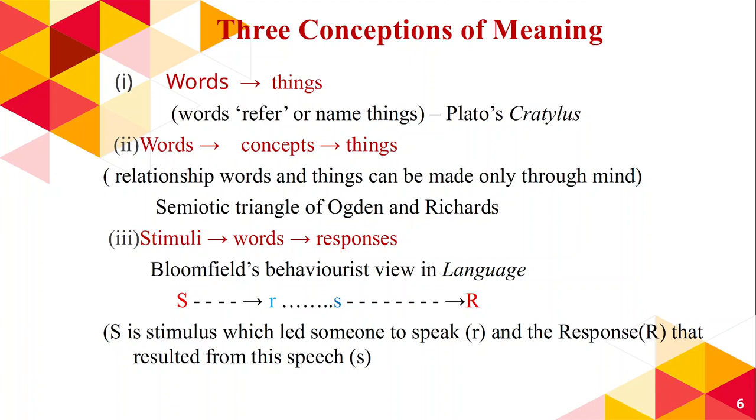So we come to the second viewpoint, which holds that for every word there is an associated concept, and it has been made clear in the Semiotic Triangle of Ogden and Richards, which we are going to discuss in detail later in the same lecture, which will make things more clear.